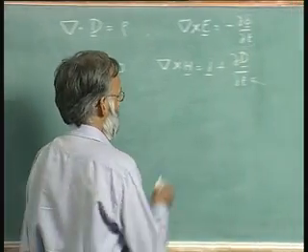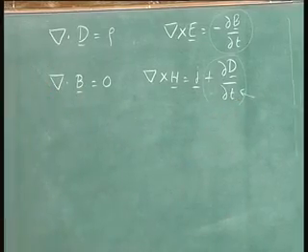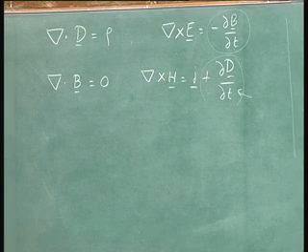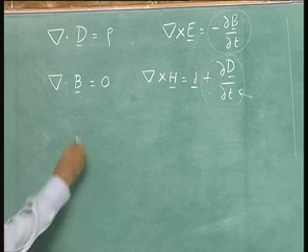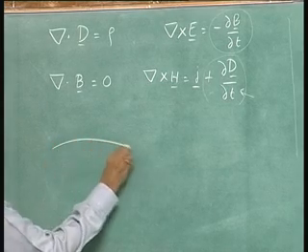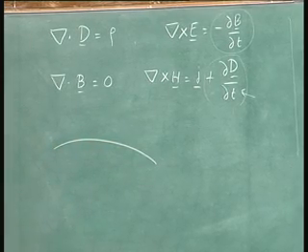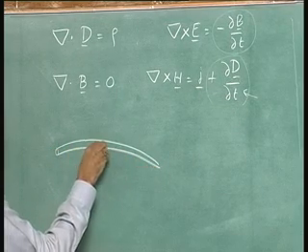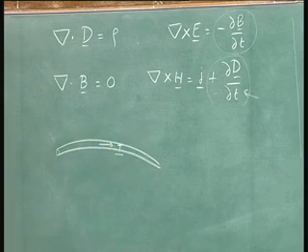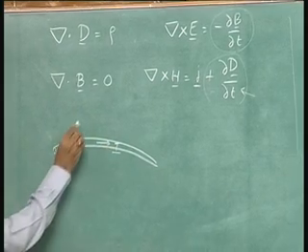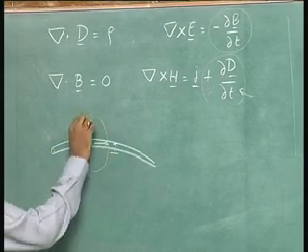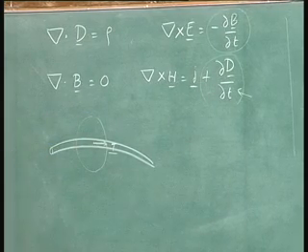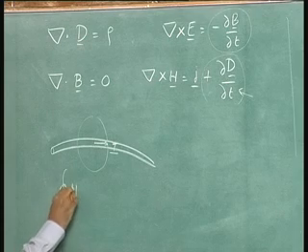Okay. Now, there was one more way of looking at Ampere's law, and that was to say, supposing I have a wire and the wire is carrying a current. Now, I can draw a loop around that wire and I can do the loop integral of H dot dl.